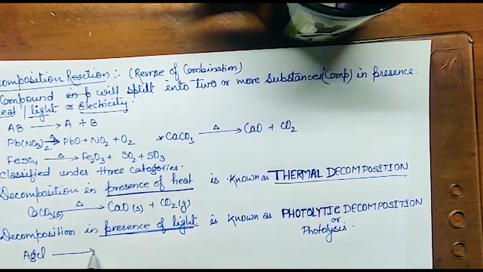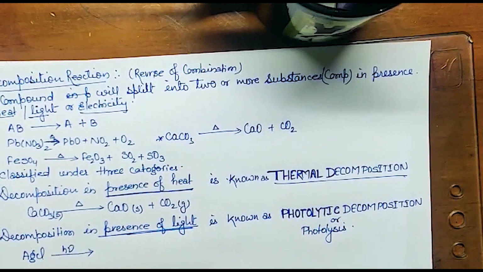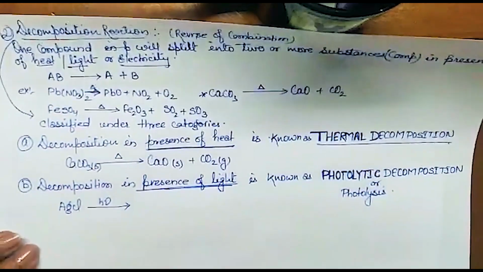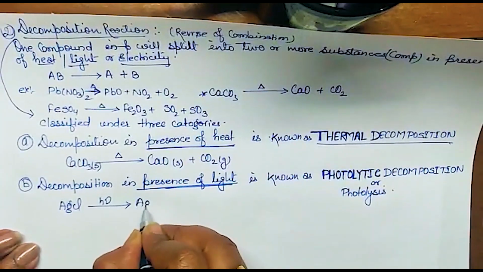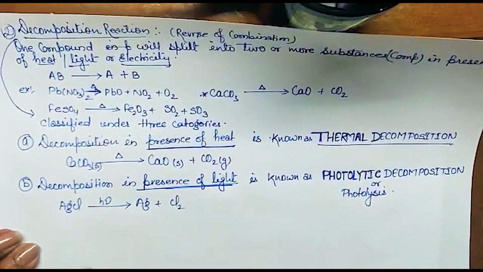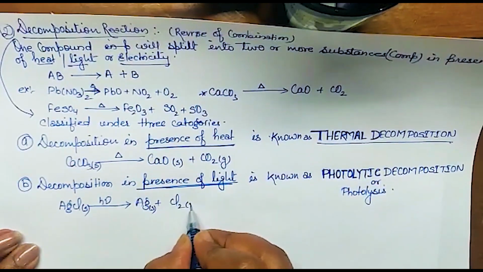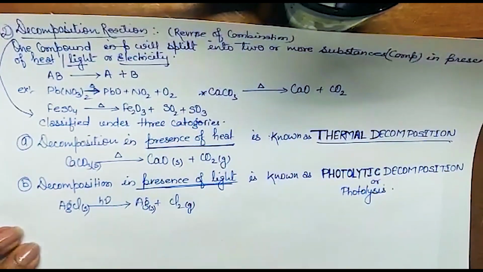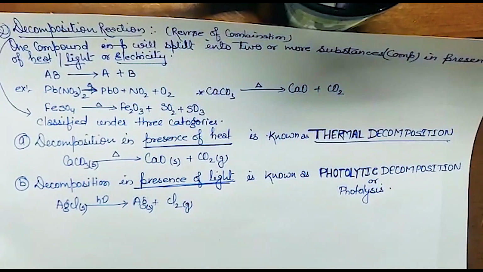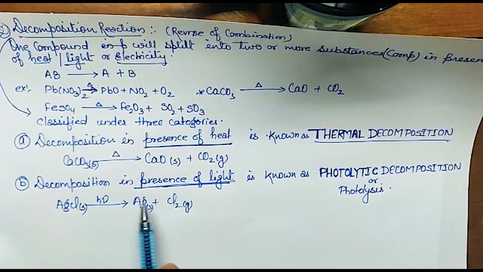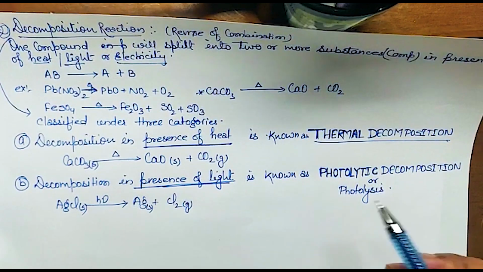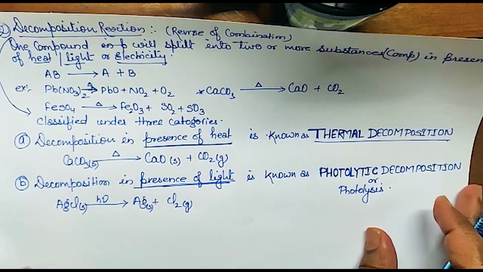When it is exposed to sunlight, h nu is sunlight, okay? It gives Ag plus Cl2. AgCl is a solid, it gives Ag solid and Cl2 gas. Got it? So this is a decomposition reaction in presence of light, photolytic decomposition or photolysis.